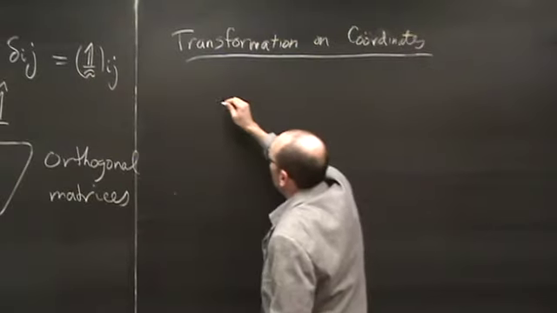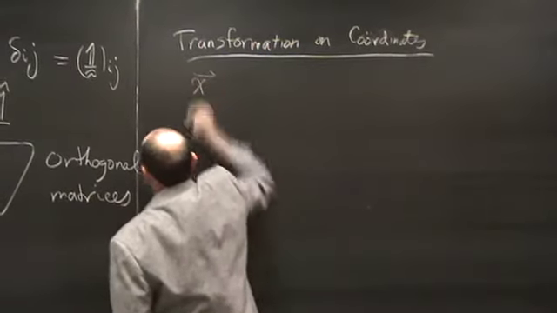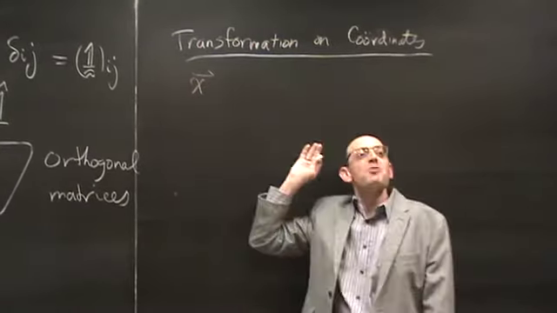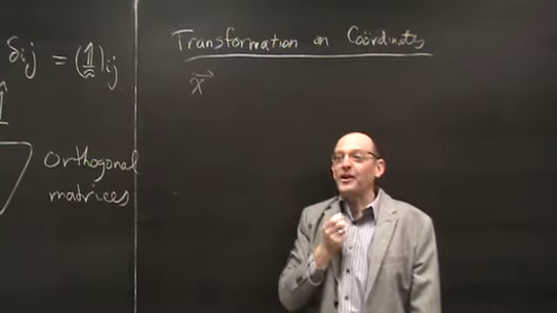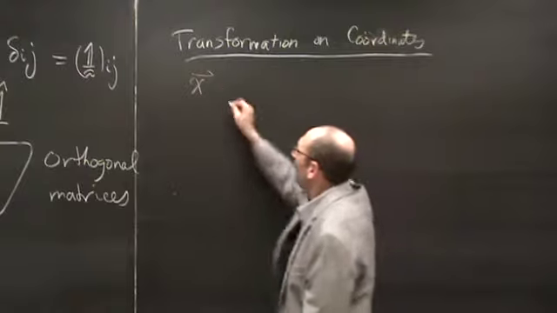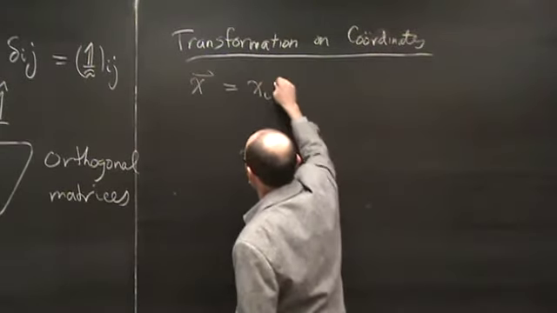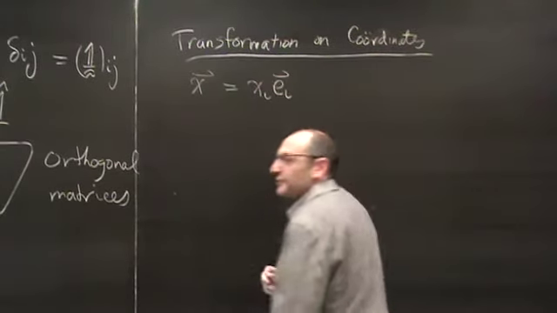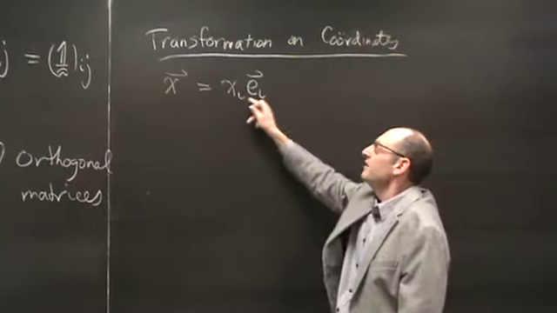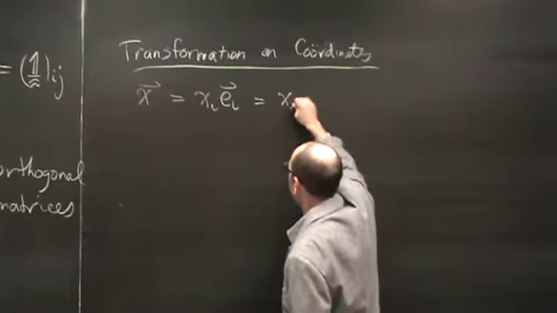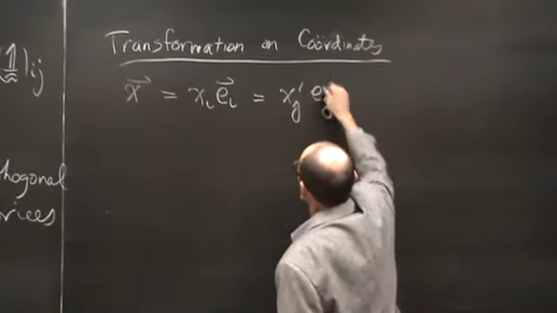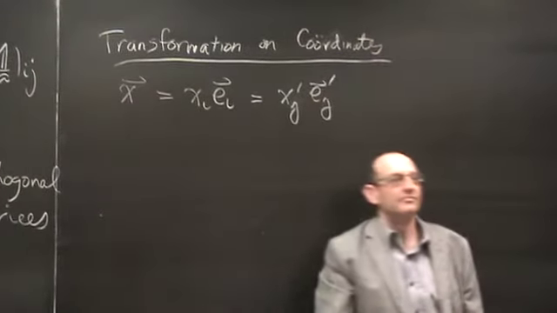All right, so the vector is the vector. We're not moving the vector. We're changing the coordinate system. So if the vector had an expansion in these basis vectors, it's the same vector but with a new representation. Okay?